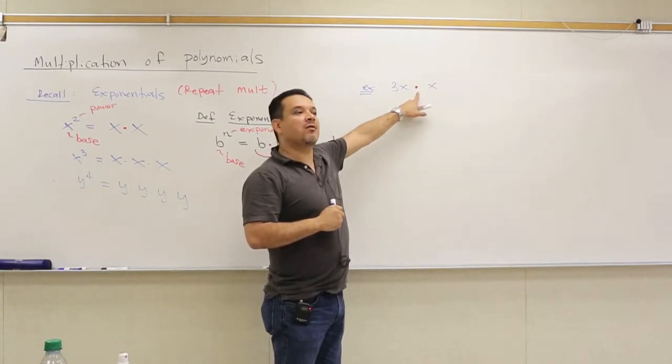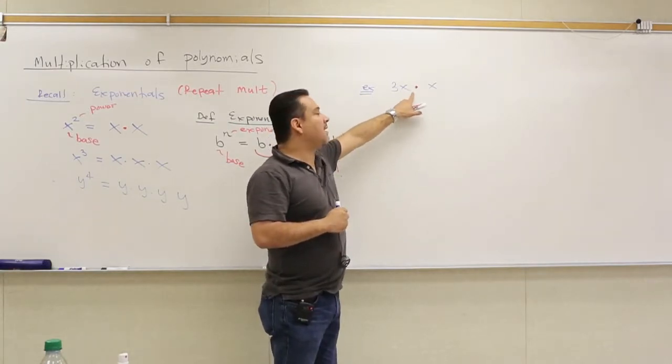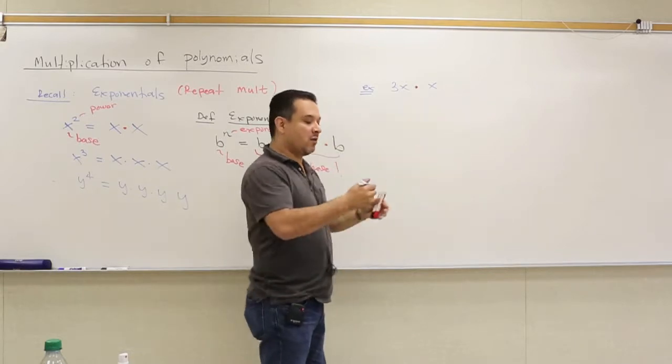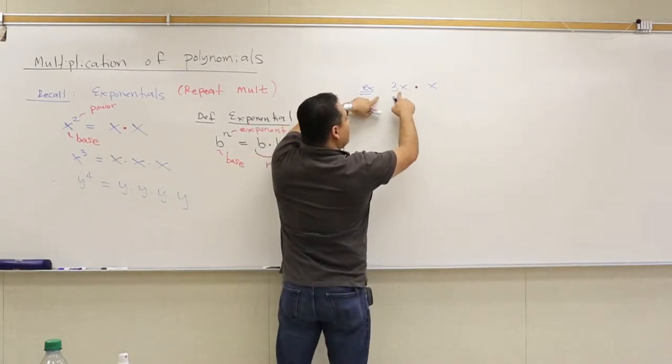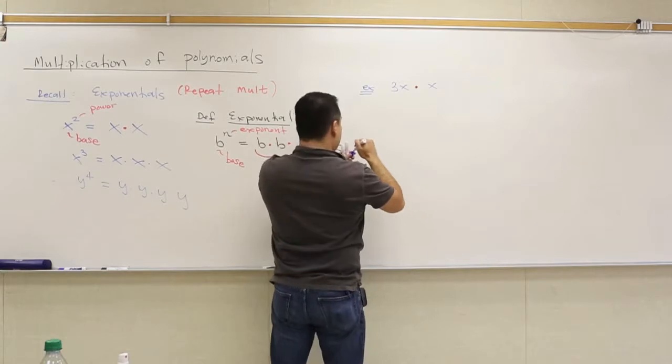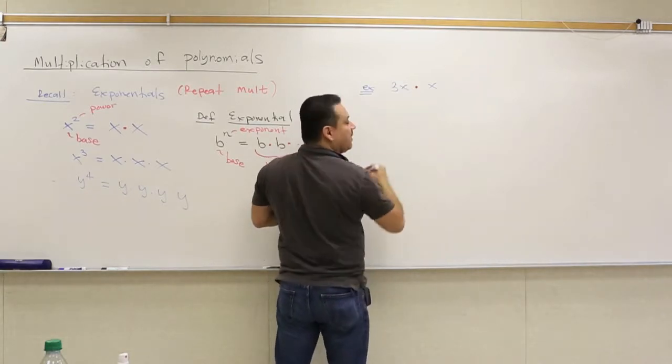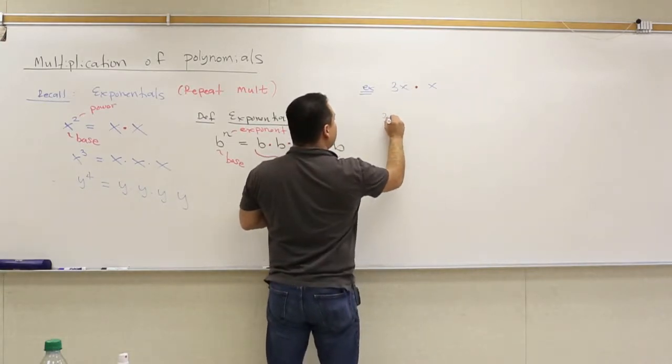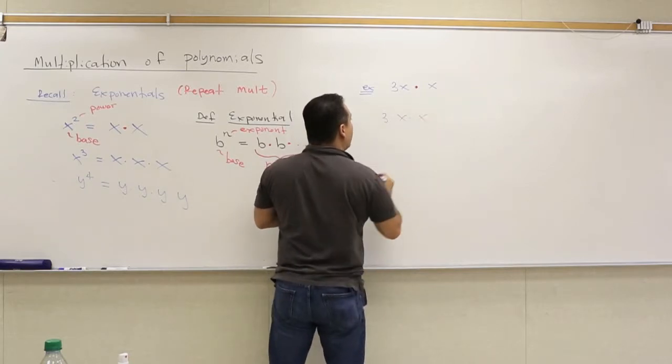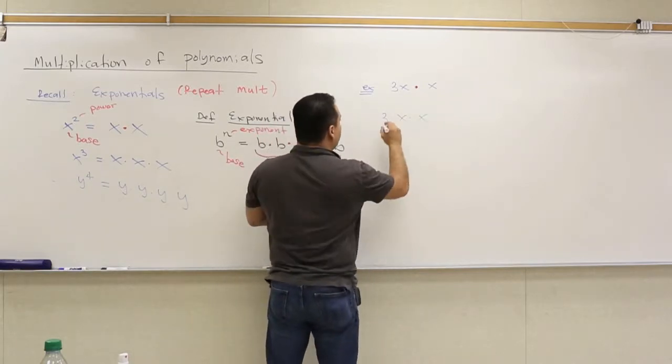Multiplication. So let's talk about this, right? 3x times an x is really, well, what's happening with the 3 and the x anyway? Isn't this also multiplication? So this is really 3 times x times another x. Okay, you okay with this?